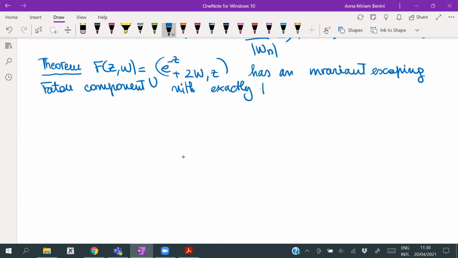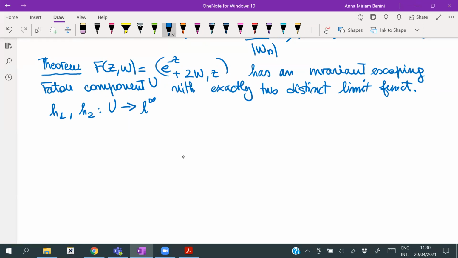This is inherited by the fact that the linear map had two distinct limit functions. And what I think is interesting is that, let's call them h1 and h2. They go from U, your Fatou component, to the line at infinity, the boundary of your manifold, and they have generic rank 1.